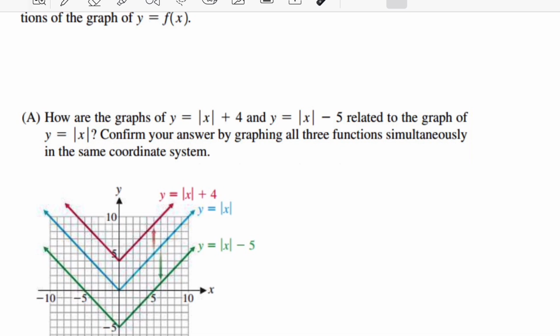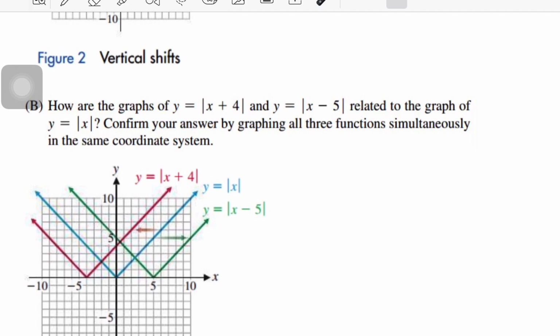So if we plug in 0, we get y is equal to negative 5. So plugging in 0 for our x value here, we output negative 5 there. And again, doing this over and over, we get this green graph here, which is the graph of the absolute value of x minus 5. So as you can see, this is an example of a vertical shift. So when we have a positive constant here, we're shifting the graph up, and when we have a negative one, we're shifting it down.